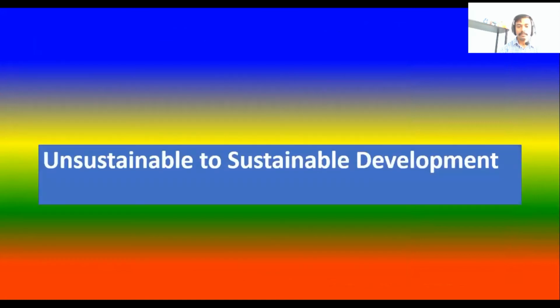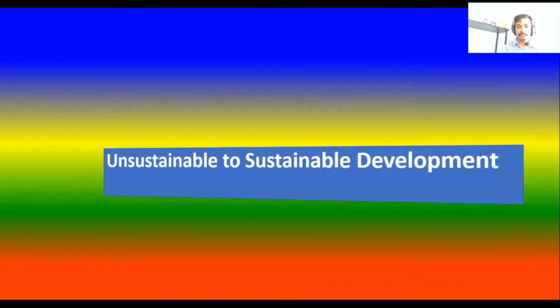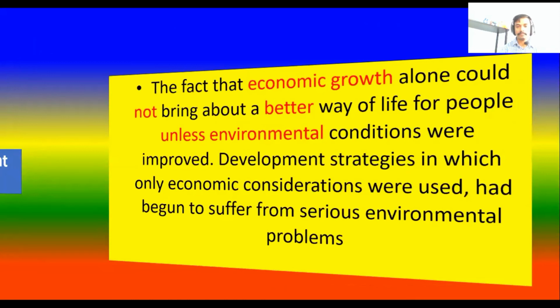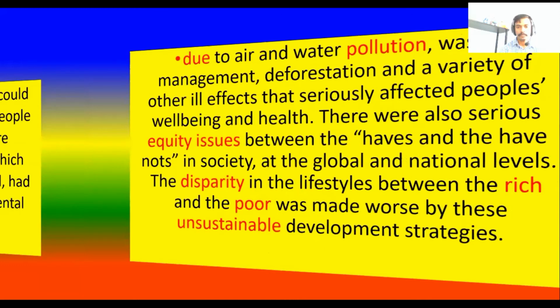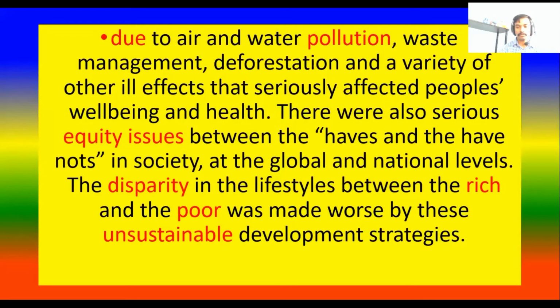Next, from unsustainable to sustainable, there is some historical evidence. Economic growth does not bring about a better way of life for people unless the environmental conditions are good. Water pollution and other types of pollution are caused by development programs.